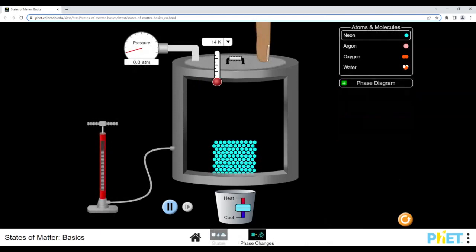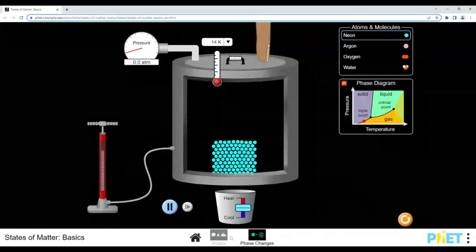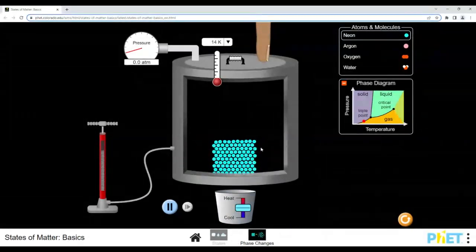Okay, then for the main part of our lab, we first want to look at the default sample of neon. So just when we open the page, that's what we see. Thinking about the different phases of matter that we talked about or saw in the other tab, then we can see this isn't escaping into the air, it's not floating around the bottom, but this is a solid.